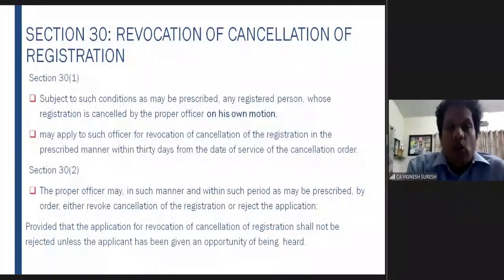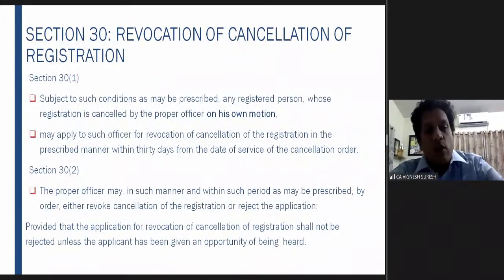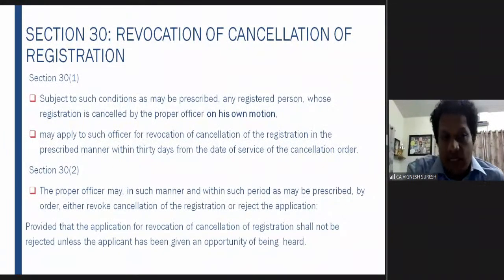Section 30 talks about revocation of cancellation of registration. That means where the proper officer, on his own motion, has gone ahead and cancelled the GST registration of the taxpayer, this taxpayer may apply to the officer for revocation of cancellation of registration.